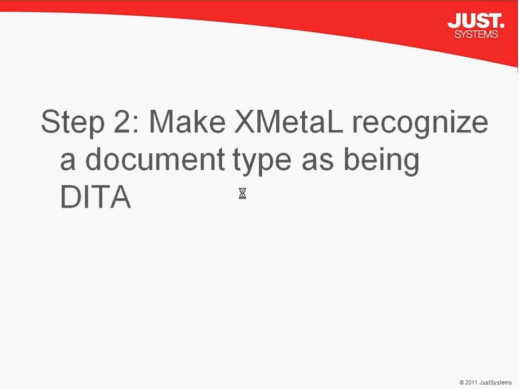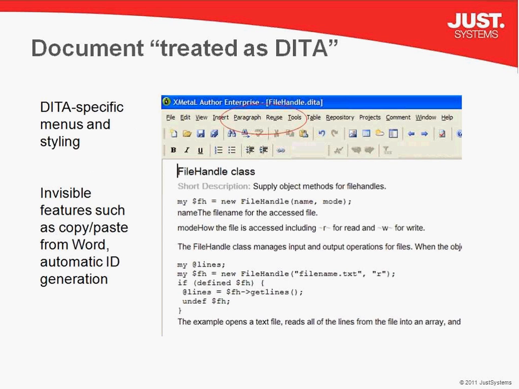So the next thing we need to do is make sure that XMetaL will deliver a DITA editing experience for that new document type. And what we mean by this is that all of the features of base DITA that are normally available to base DITA documents are also available to your new specialized document type. That means that you're going to have, for example, the paragraph and the reuse menus that only appear for DITA documents.